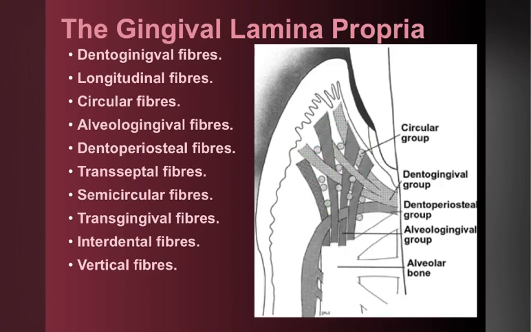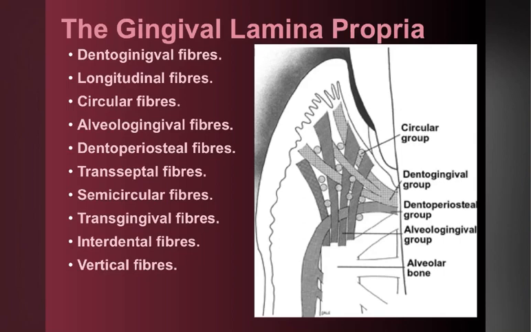These are called the alveolo-gingival group. There is also a group inserted in the cementum and going toward the external side of the alveolar bone. These are called the dentoperiosteal group.